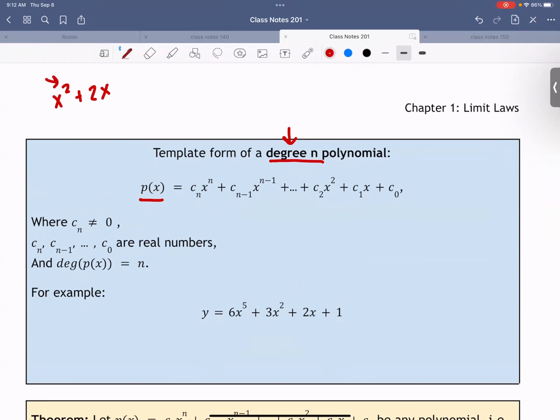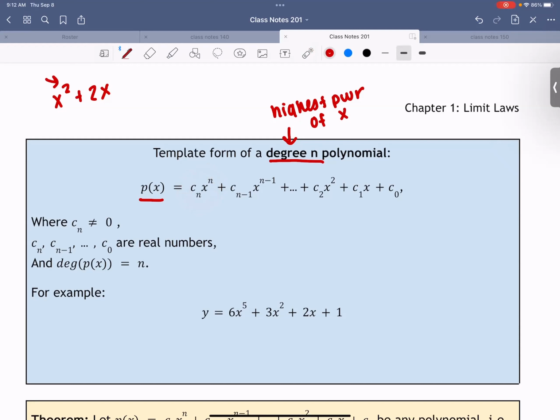So it seems like the degree is the highest power of our variable, right? Of x or whatever we're talking about. Looking at this, we have something c sub n times x to the n, right? This is the highest power of our polynomial, okay?